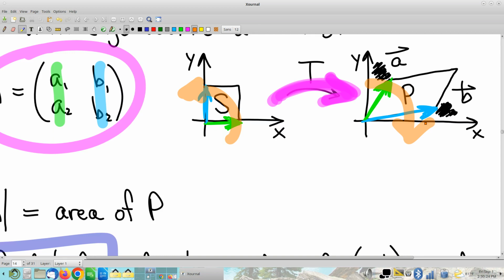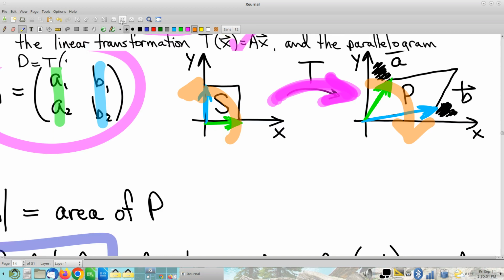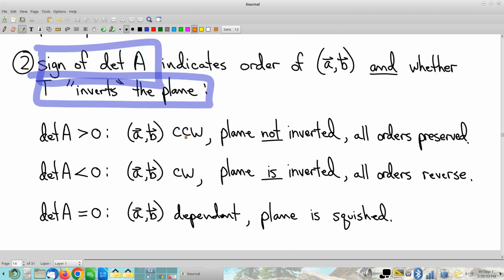I would have to flip it over. So when the determinant is negative, one way to say it is that this list is clockwise. Another way to say it is that this linear transformation has a flip embedded inside of it, right? A reflection. Things are getting turned over upside down. Anyway, alternative point of view. Okay. All right.